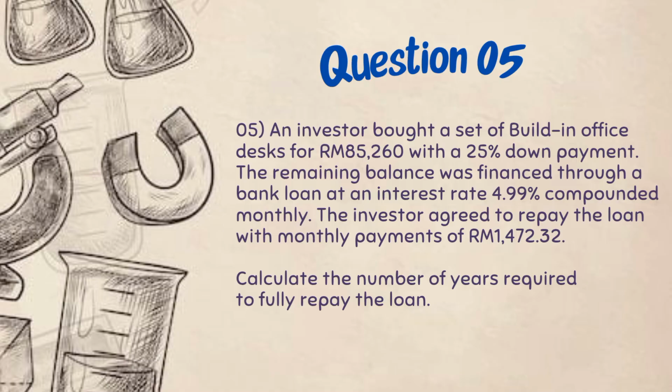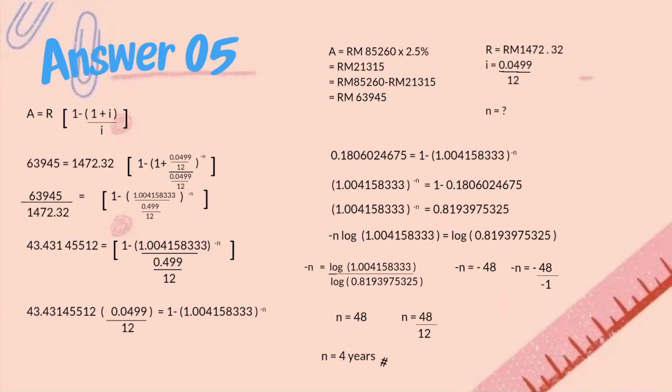So RM 85,260 minus 21,315, and you can get 63,945. And the R we get is 1,472.32. I we get 0.0499 over 12, and we want N.